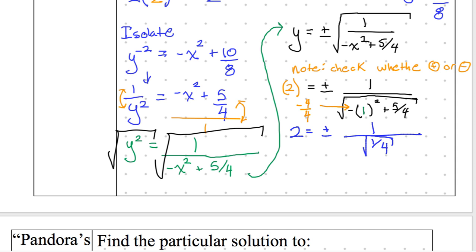1/2. So this thing, we can rewrite this as, we're running out of room, so let me do it right here. This thing evaluates to 1/2 because you take the square root of the top, which is 1, square root of the bottom, which is 2. So now we have the equation 2 is equal to plus or minus 1 over 1/2. And do you remember what happens when you have fractions over fractions?